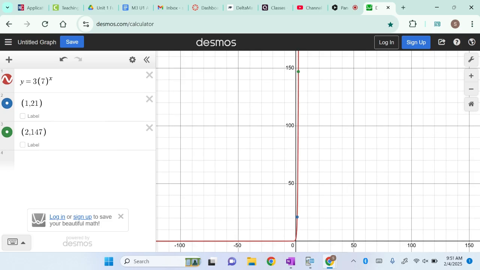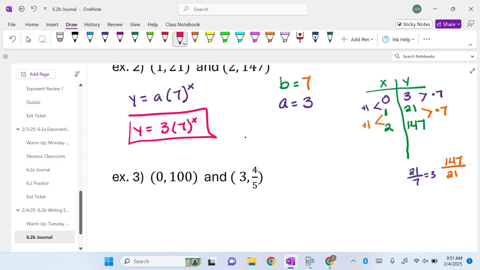Do those 2 points go through the line that we created? Yes, they do. So we can assume that we came up with the correct equation. All right. So if you ever have doubt, that's just a quick check that you can do. It's correct if it goes through both points. If it doesn't go through both points, you probably did something wrong. Does that make sense?